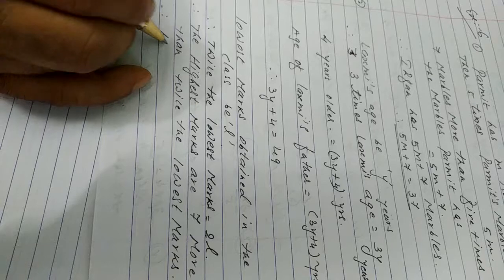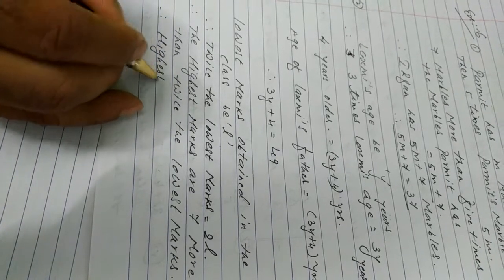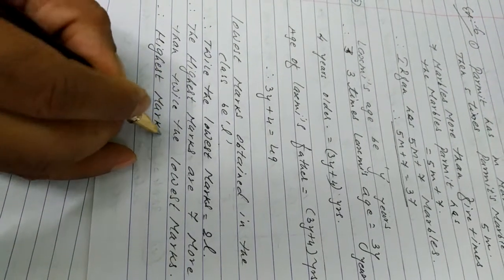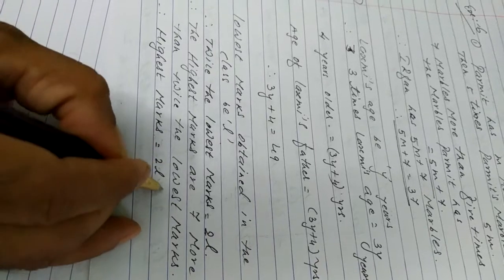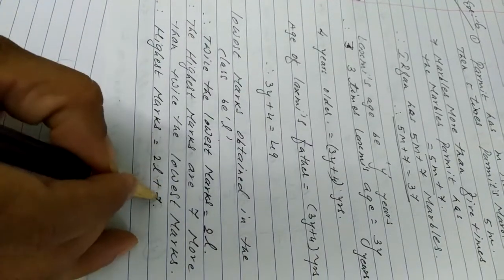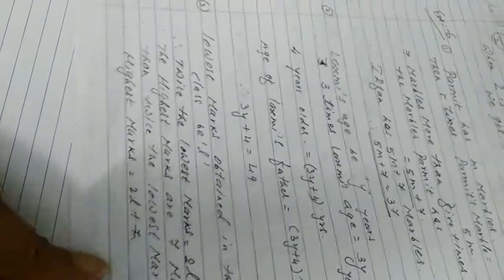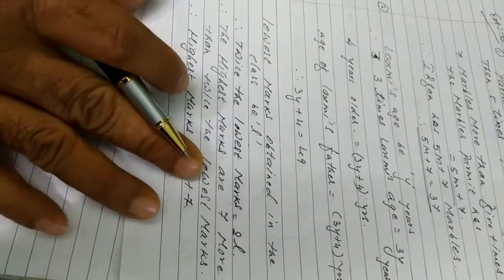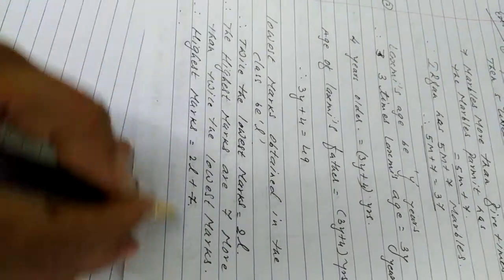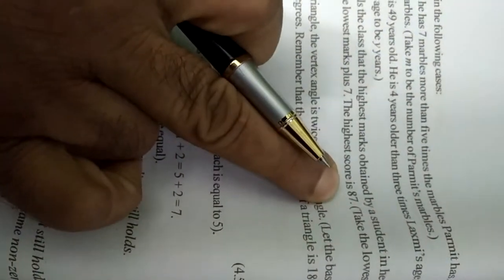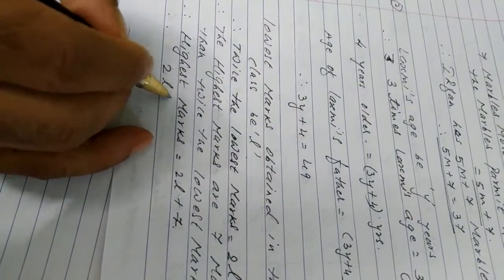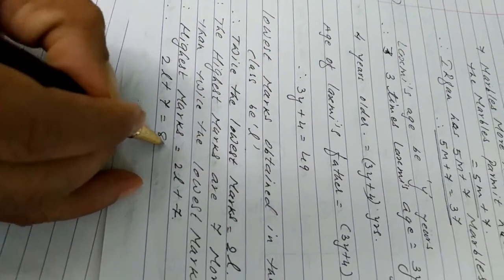So the highest marks is equal to 2L plus 7. The highest score is 87. So therefore the equation is 2L plus 7 is equal to 87. Understood?